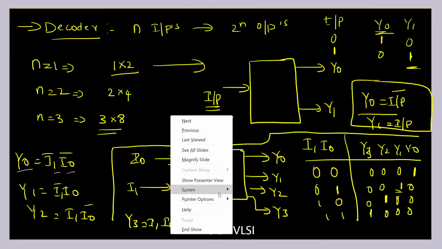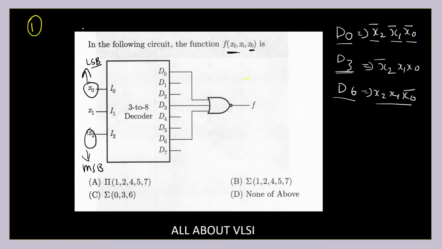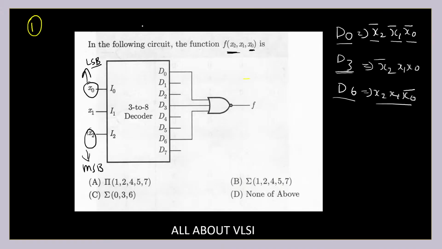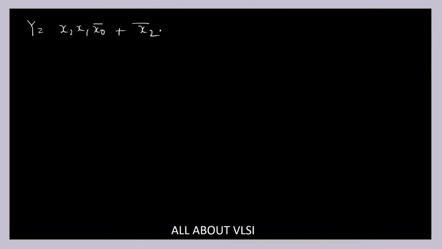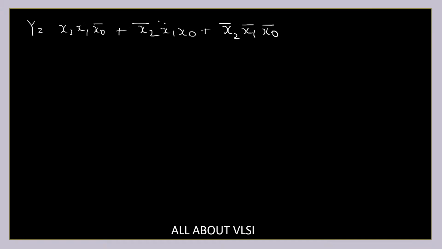So y is equal to x2 x1 x0 complement plus x2 complement x1 x0 plus x2 complement x1 complement x0 complement, and it is given to a NOR gate, so I'm going to have a complement over here.